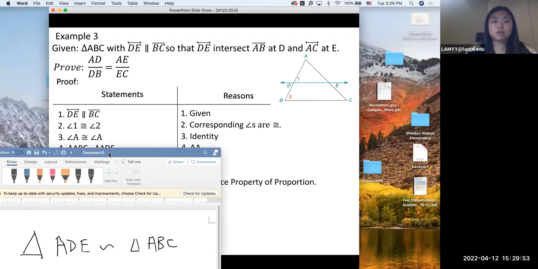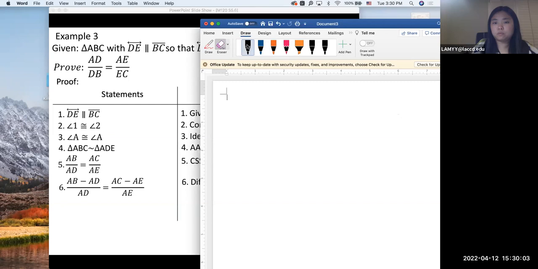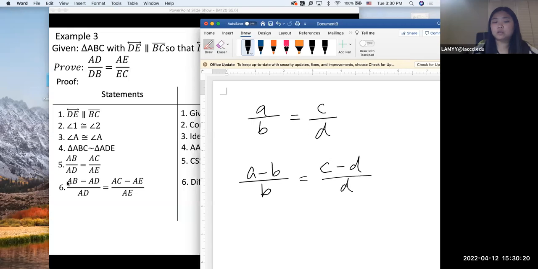Because of the formula, let me write it down one more time. We use A over B equal to C over D. So we should have A minus B over B equal to C minus D over D. So that's AB minus AD over AD equal to AC minus AE over AE.